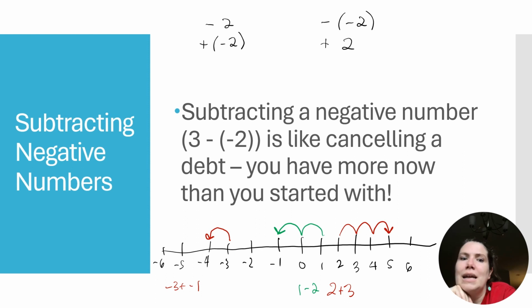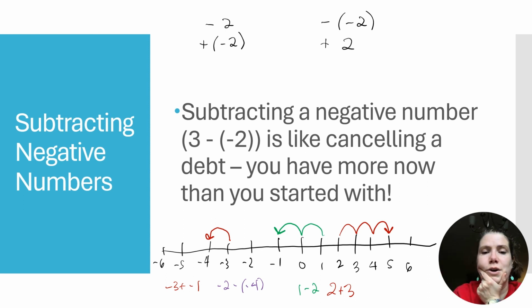But let's say you were subtracting a negative instead. So say our problem was -2 minus -4. Normally to do -4, we would go left, going hop, hop, hop, hop. But since we are subtracting -4, we have to do the opposite. We're doing the additive inverse, and we're going to go 2 plus 4. 1, 2, 3, 4, and end at 2.